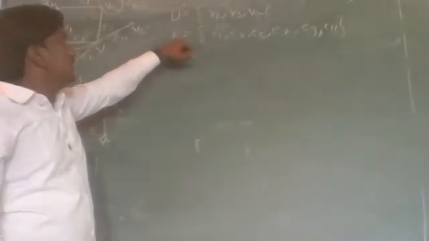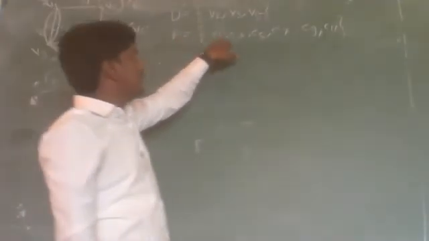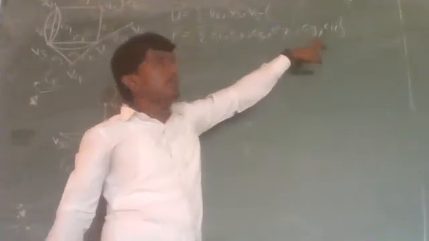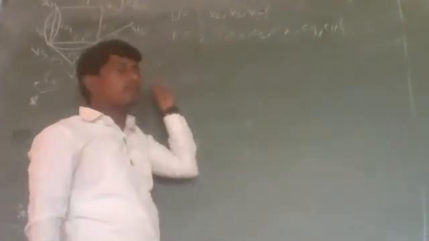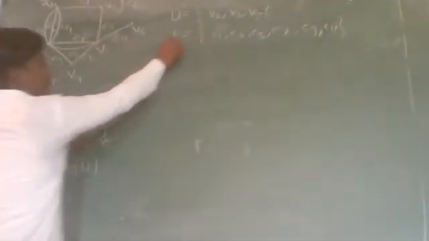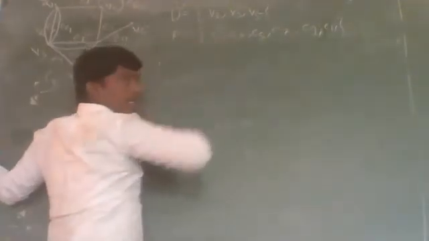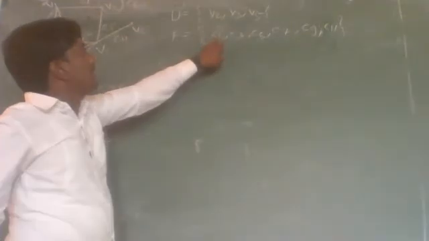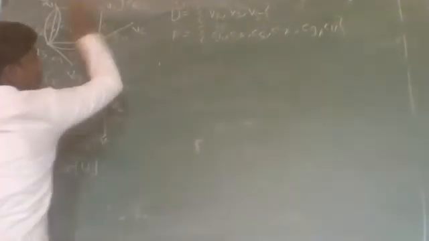Now the next one is the edge set, which contains edges E1, E3, E5, E7, E9 and E11. By the definition of induced subgraph, we have to take all those vertices which are the ends of these edges. The ends of edge E1 are V1 and V2, E3 is V1, V3, E5 is V2, V5, E7 is V3, V5, E9 is V3, V4 and E11 is V5, V6.